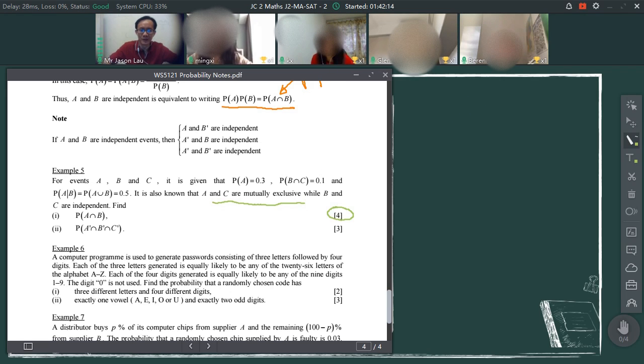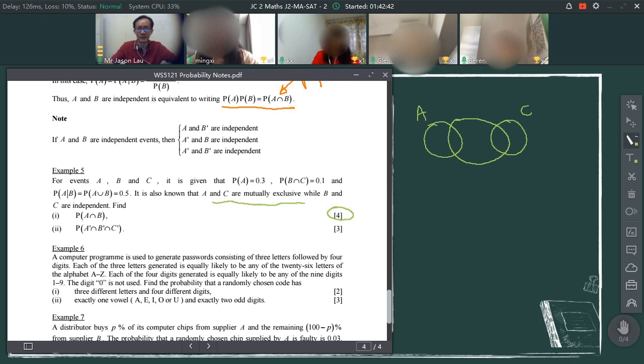A and C are mutually exclusive, which means they are not overlapping at all. Then how about between B and C? They never mention much, so this is the most general scenario we can find.